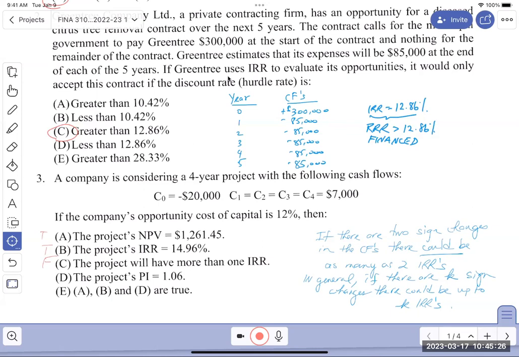So PI is actually a ratio of the present value of the future cash flows divided by the initial investment. So see if you can calculate that quickly.